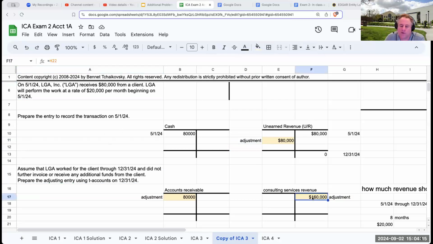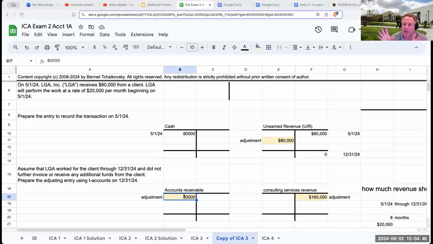So the total amount of revenue I should be recognizing is going to be $160,000. Now, I've got a credit of 160, but I can't just debit accounts receivable for 160 because the client doesn't owe me that much. Because what I first have to do is to exhaust this unearned revenue. I need to make this account go to zero. So I'm going to go ahead and debit unearned revenue for whatever the amount is to make it go to zero. And then the excess is going to go to accounts receivable.